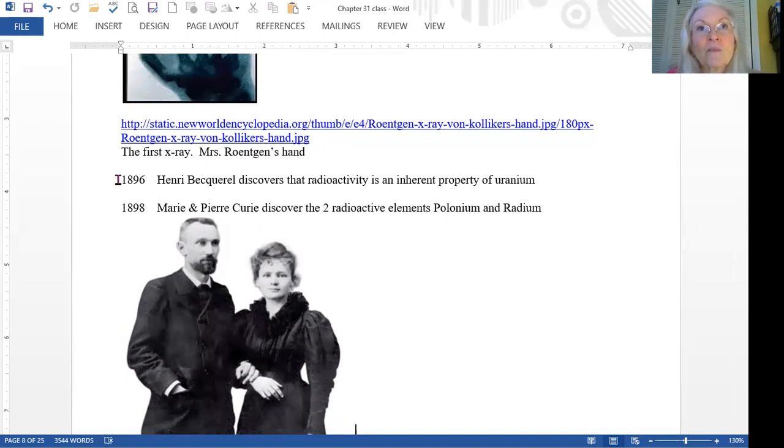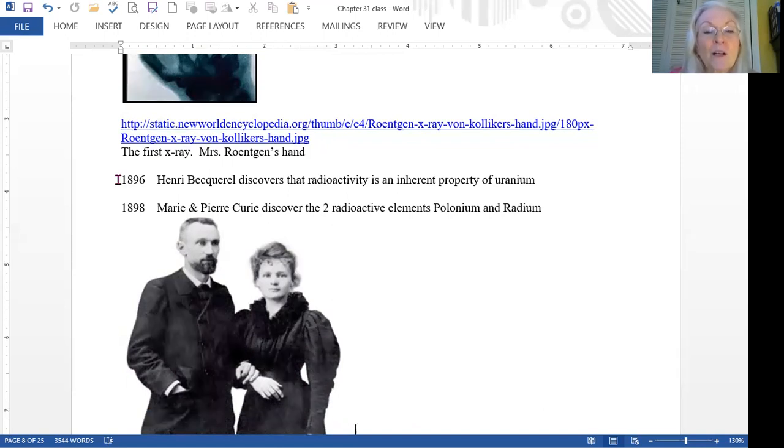So he would expose them to sunlight, and then he would bring them in, and then he would take a photograph of them, and then he would analyze the photograph. And he had one of his glass plates that was being exposed to a rock that hadn't been exposed to sunlight and wasn't glowing. And lo and behold, when he processed his photographic plate, he discovered that it had been exposed just like the ones that had visible light coming from them.